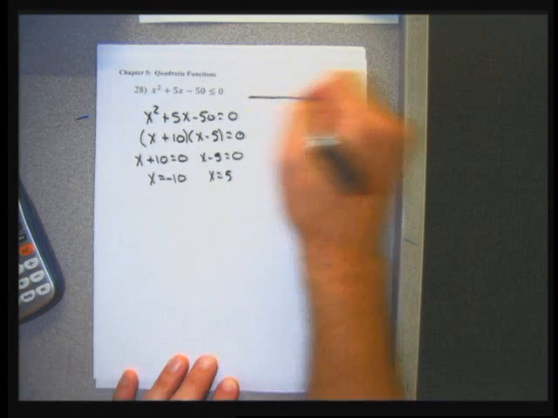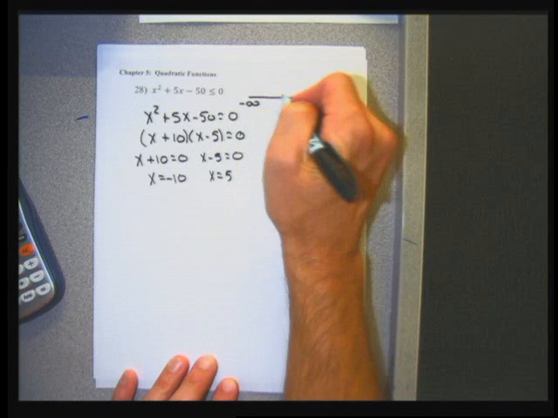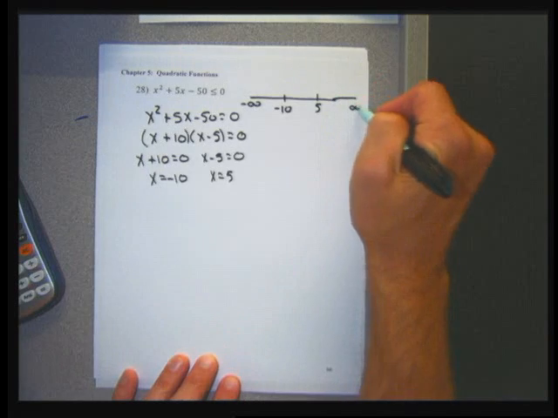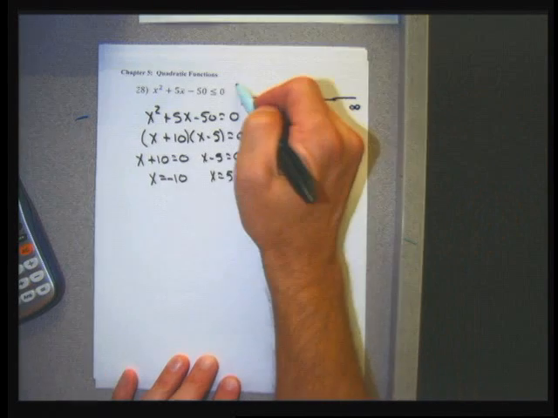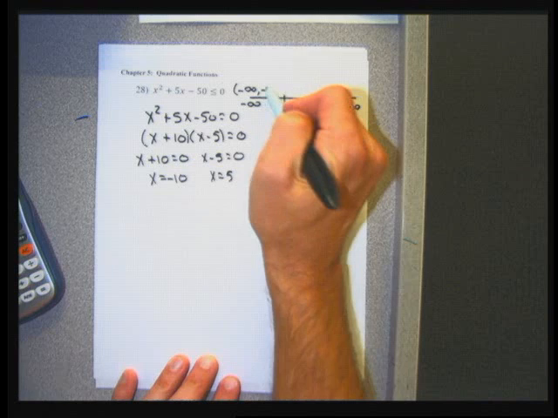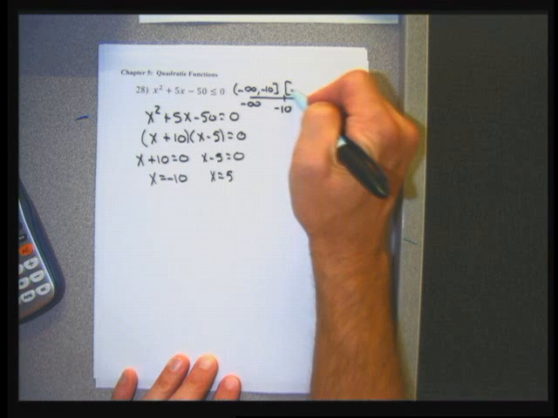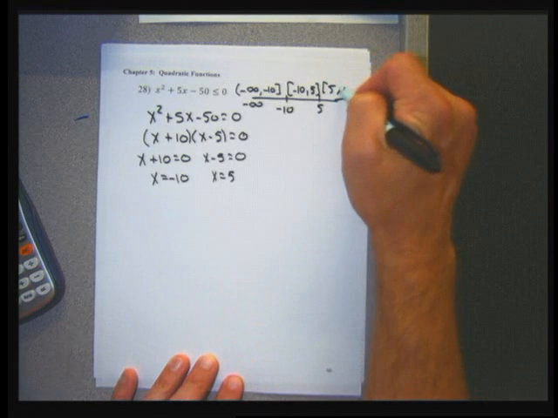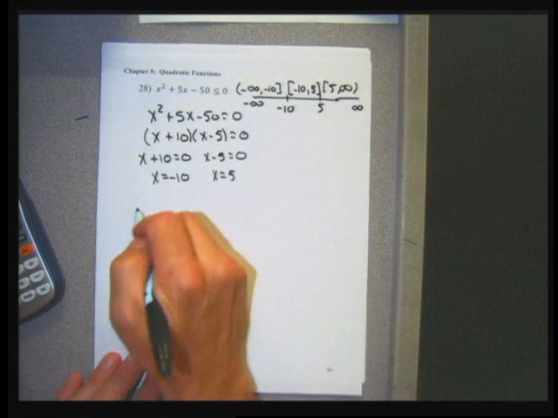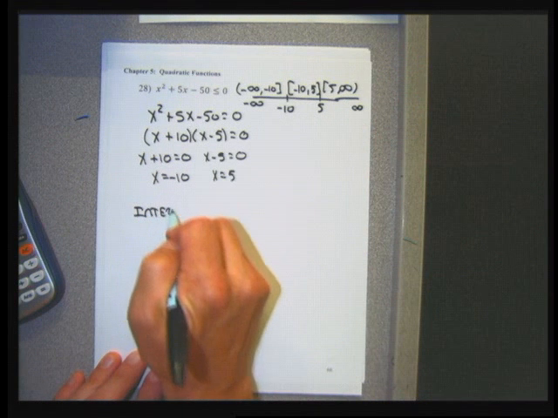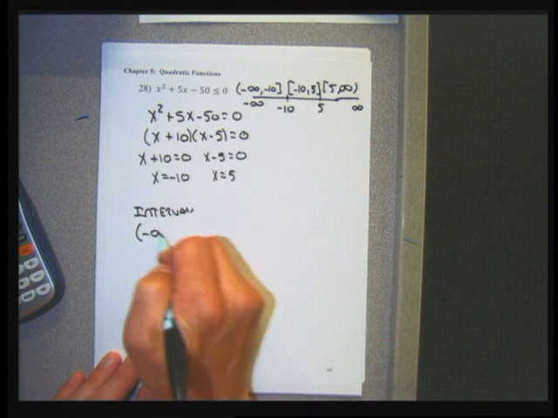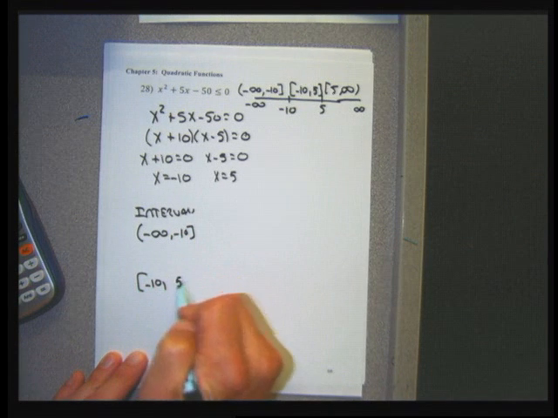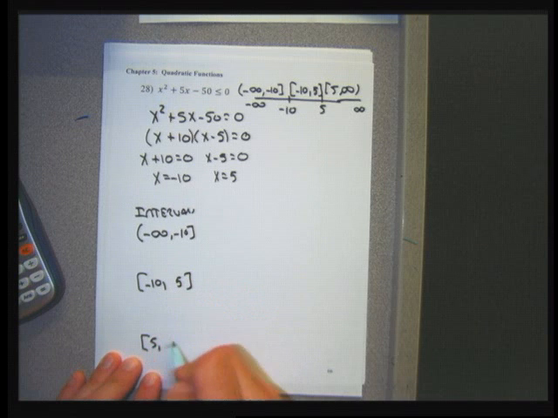And my number line is going to look like negative infinity, negative 10, positive 5, positive infinity, square brackets this time because they are equal to, so negative infinity to negative 10, negative 10 to 5, 5 to infinity, and then my table, the intervals are negative infinity to negative 10, negative 10 to positive 5, positive 5 to infinity.